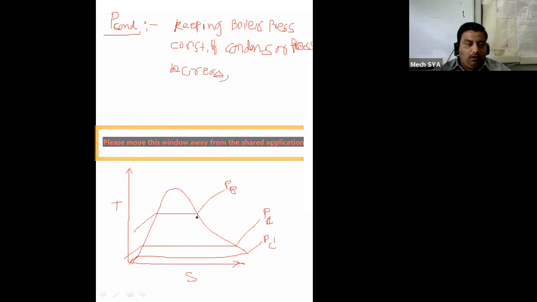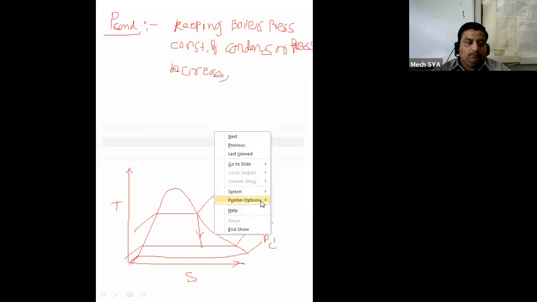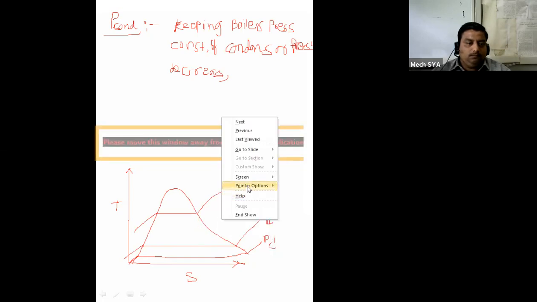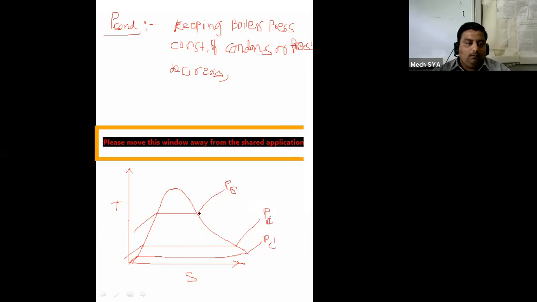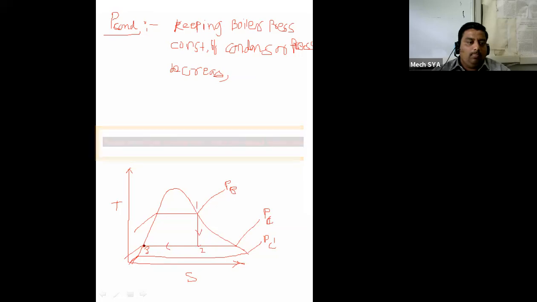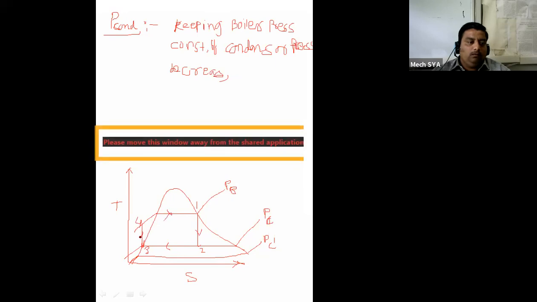This is point 1, dry and saturated steam. 1 to 2, 2 to 3, 3 to 4. 1, 2, 3, 4.